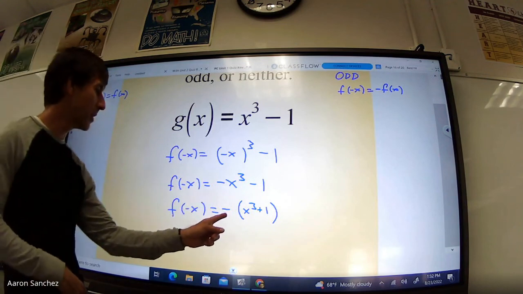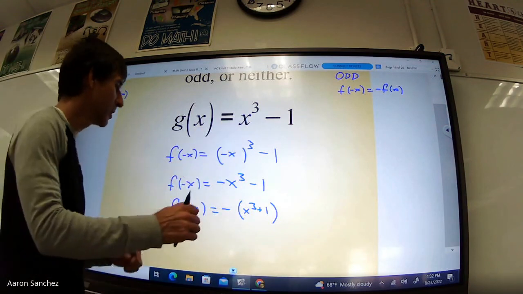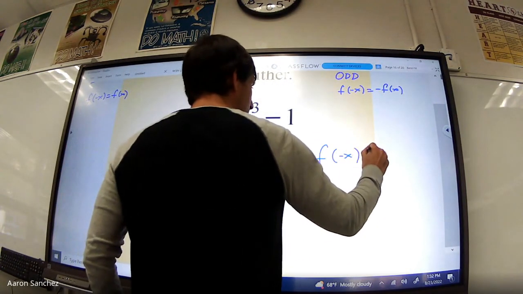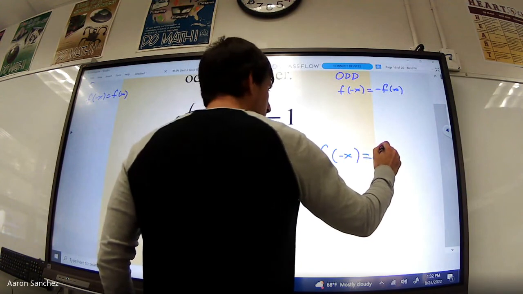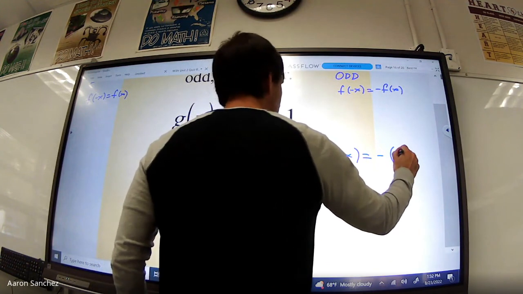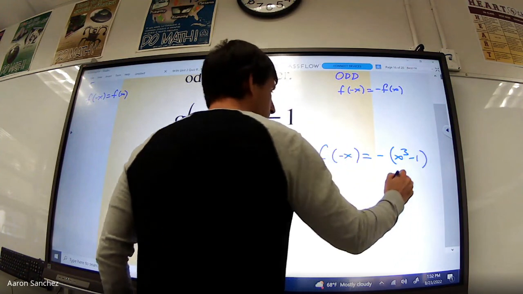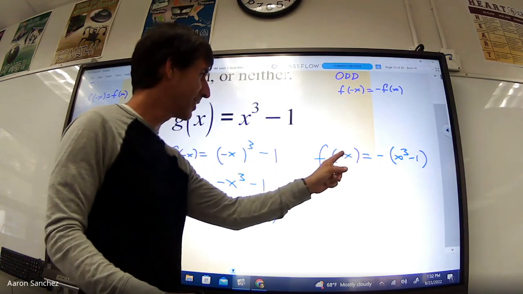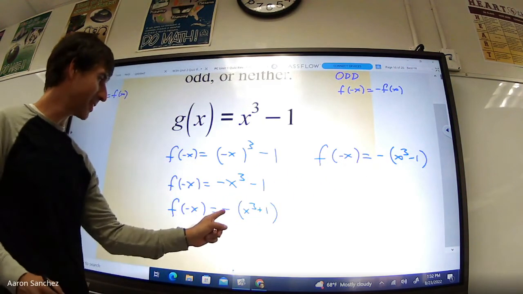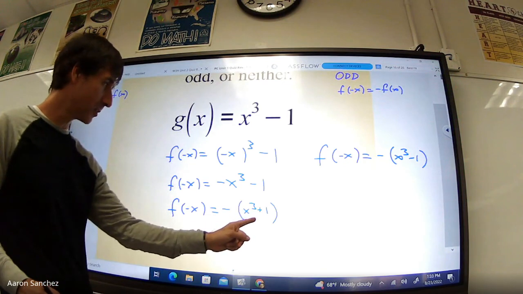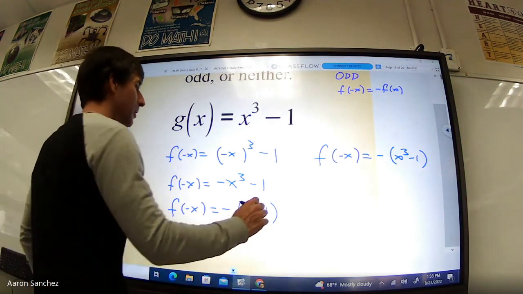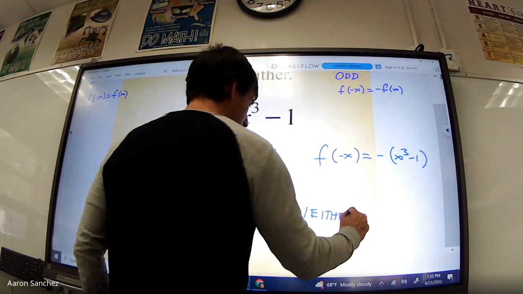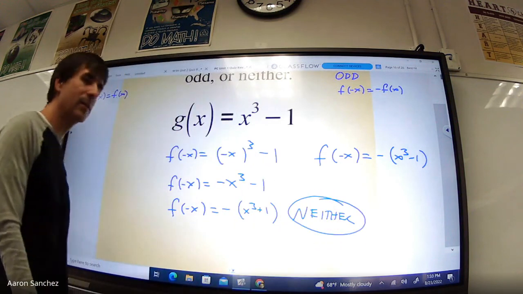It should equal negative x cubed minus 1, right? If I plug in that, it should make the whole thing negative. However, it doesn't. If I distribute the negative, it's x cubed plus 1. So that is going to be neither. Even though I said it's not, that is neither.